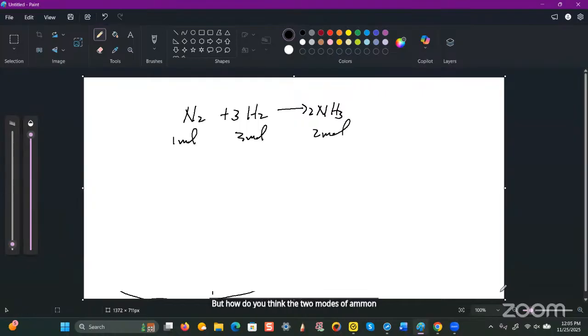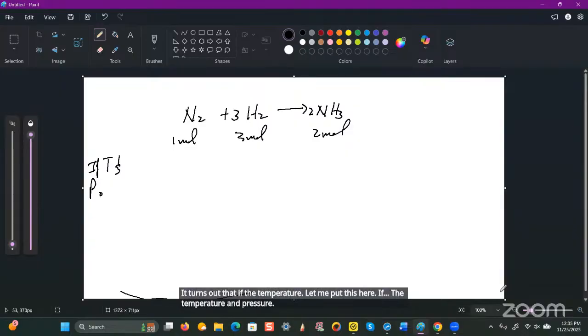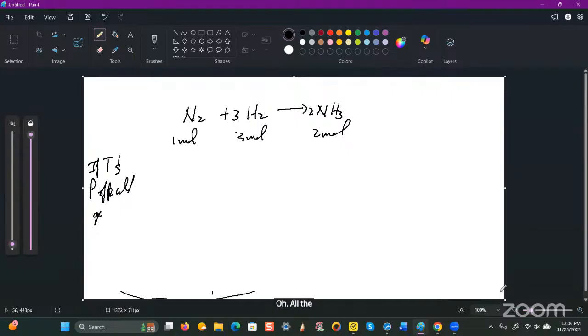Everybody knows that, right? It turns out that if the temperature and pressure of all the gases are the same, then the volume ratios will mirror the mole ratio.